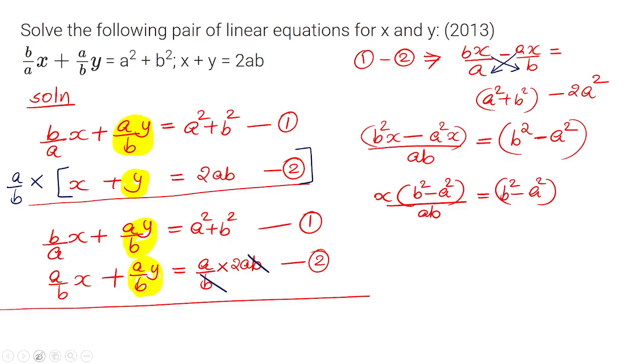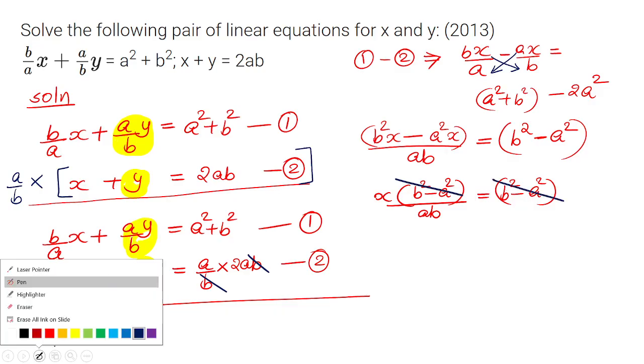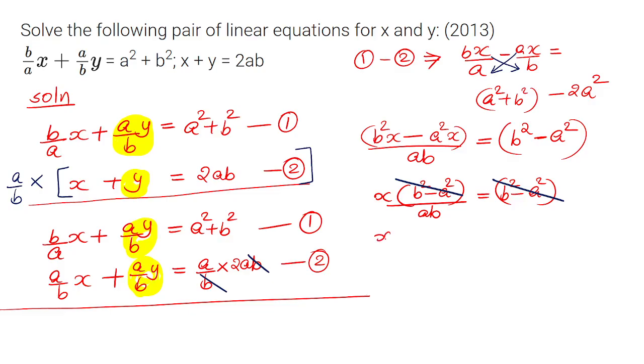In the next step, b square minus a square is common, cancelled. x by ab is equal to 1. See, b square minus a square cancel. x by ab equal to 1.